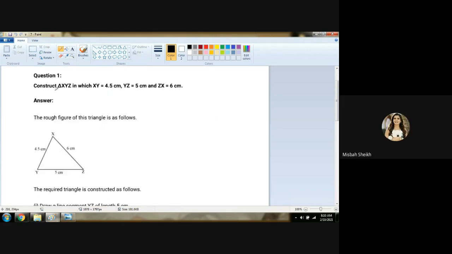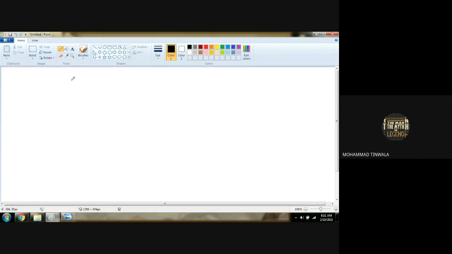Construct triangle XYZ in which XY is equal to 4.5 centimeter, YZ is equal to 5 centimeter, and ZX is equal to 6 centimeter. Okay. Now the construction, in the rough column, we can do like this. We have to name it XYZ.